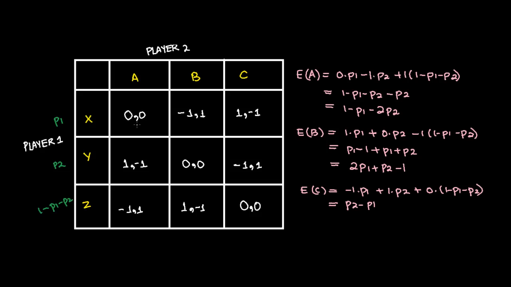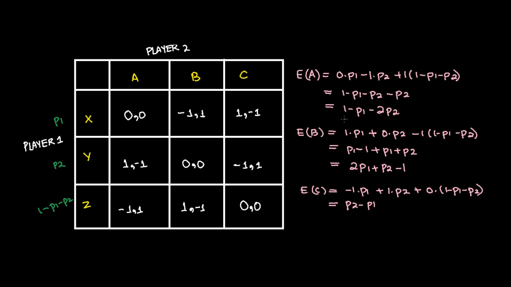So EA is 0 times the probability that player 1 plays X, minus 1 times the probability that player 1 plays Y, and 1 times the probability that player 1 plays Z, which is 1 minus P1 minus P2.